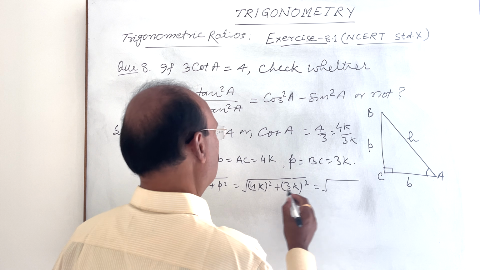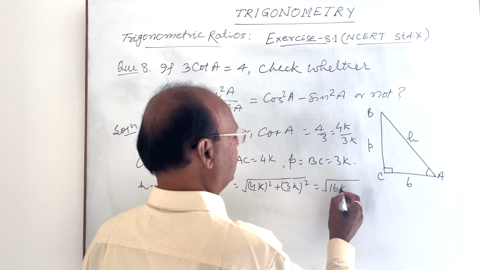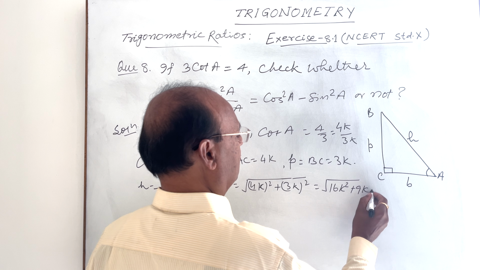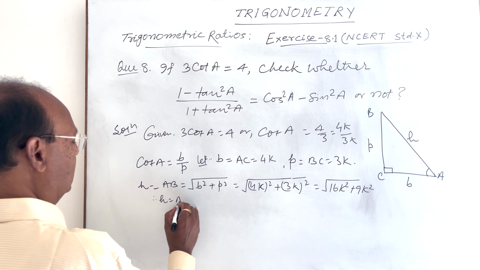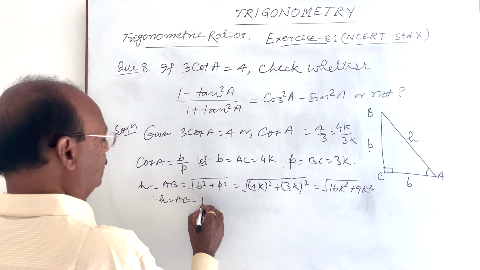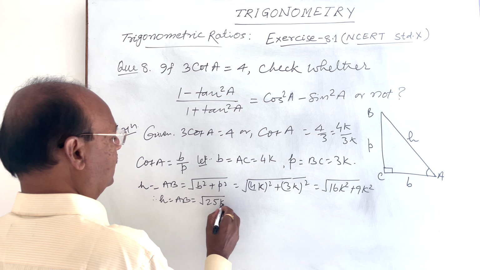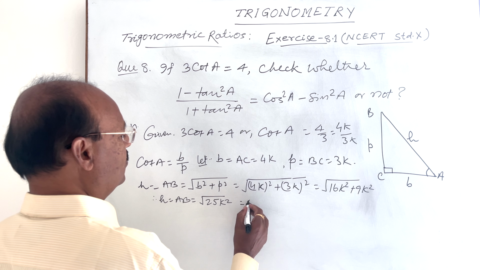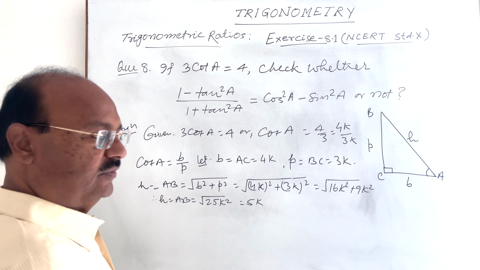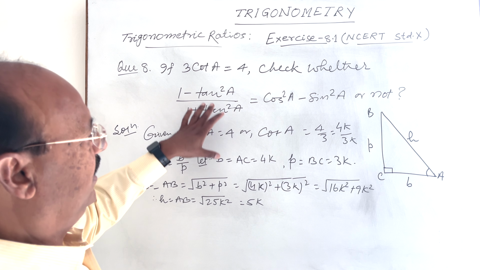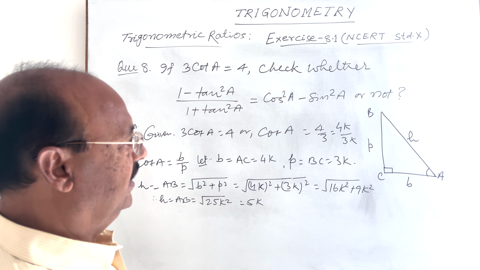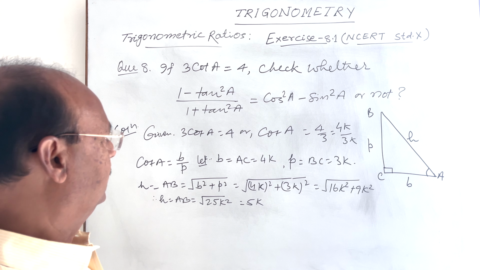This is equal to root over 16K square plus 9K square. So we are getting here H is equal to AB is equal to square root of 25K square. Taking square root, this is 5K. Correct? Now we can find out the value of tan A, cos A, sin A very easily.